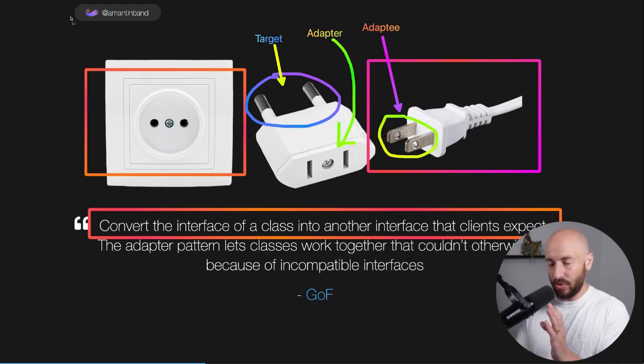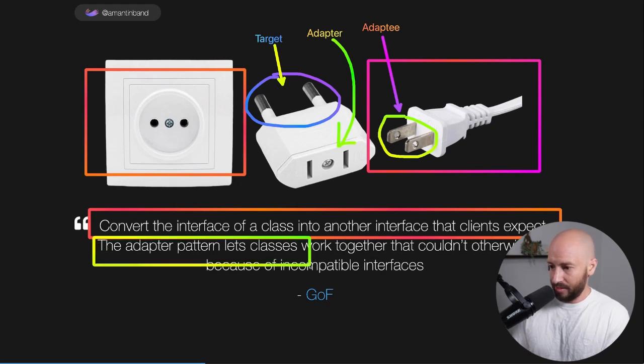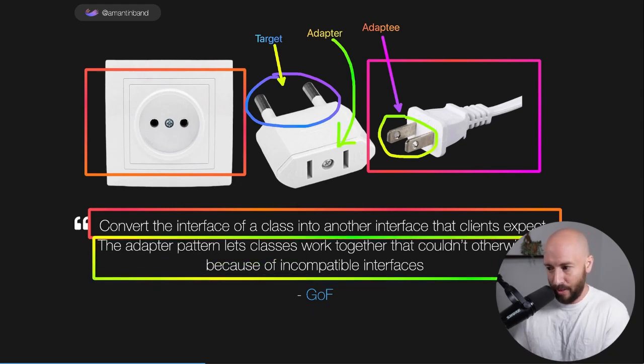This is what you need to think about when you think about the adapter design pattern. Okay, so just finishing up on this example, the adapter pattern lets classes work together that couldn't otherwise because of incompatible interfaces. And of course, in our example, this makes perfect sense because the two interfaces, the plug and the outlet, were incompatible, but using the adapter, they are compatible.